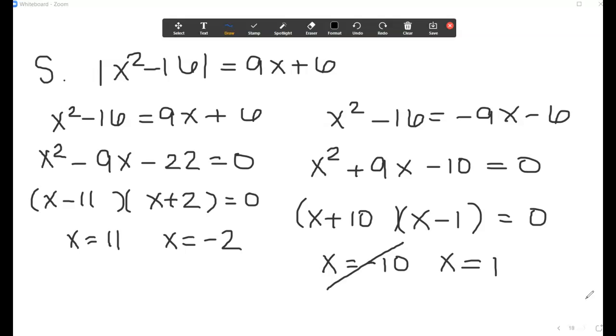And then same with negative 2. If you plug in negative 2, 9 times negative 2 is negative 18. Again, that's going to equal a negative, so we cross out negative 2. That leaves 11 and 1. You're very welcome.